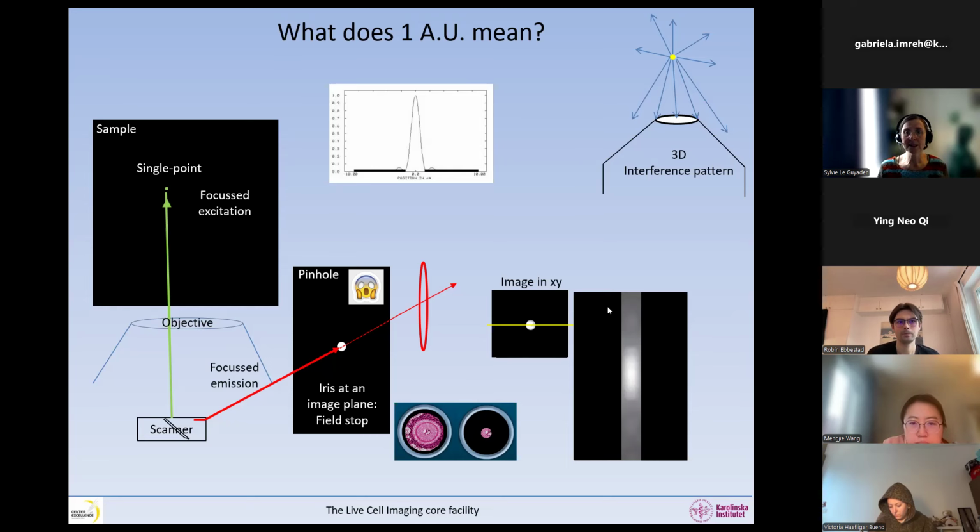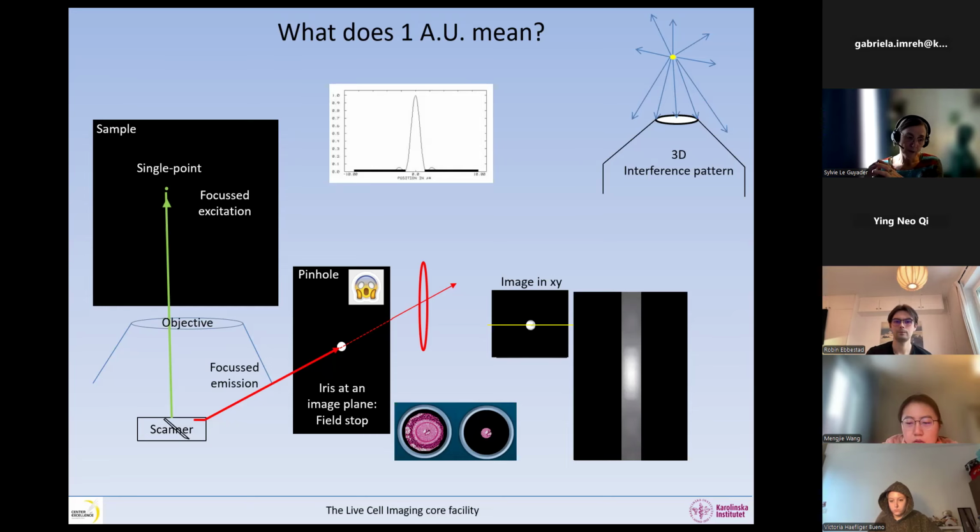And what do we want? Which is the best size? You remember that the size of this point spread function depends on the wavelength. It's 0.61 lambda divided by NA. The lambda is the wavelength of the light. So if you image a blue fluorophore or a far-red fluorophore, the point spread function is going to have a different size.